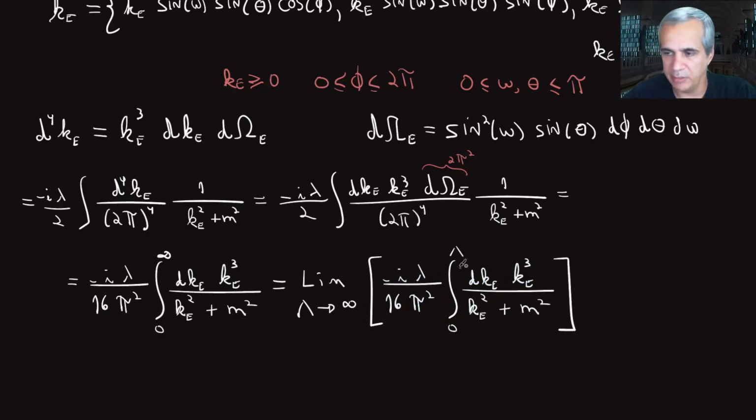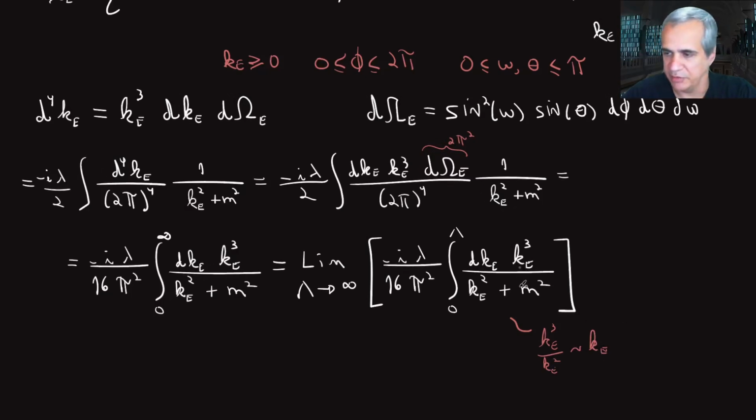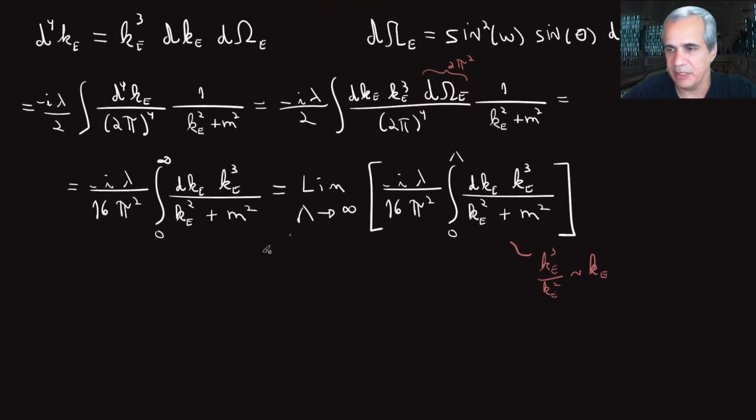And this upper limit is problematic, right? If you go near it, you can ignore this mass because this momentum gets big. And this integrand here will behave like k_E cubed over k_E squared, which is just linear in k_E, right?